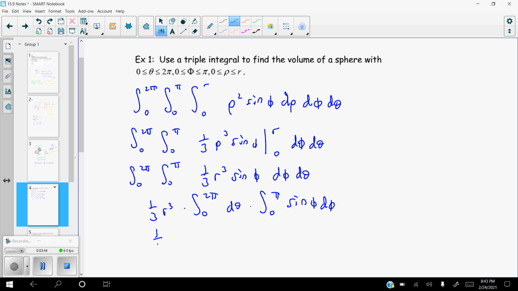Okay, we have done the integral from 0 to 2 pi of d theta enough times. We should know by now that that is 2 pi. And then we actually have to do a little bit of work here. So the antiderivative will be negative cosine of phi from 0 to pi.